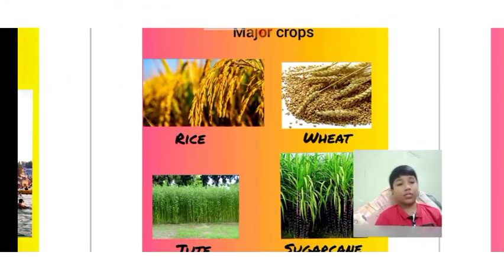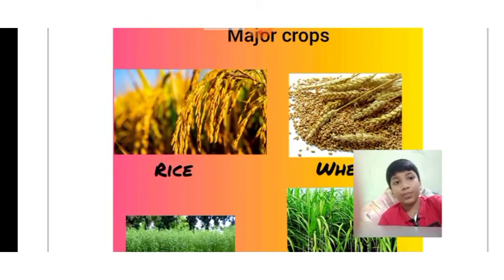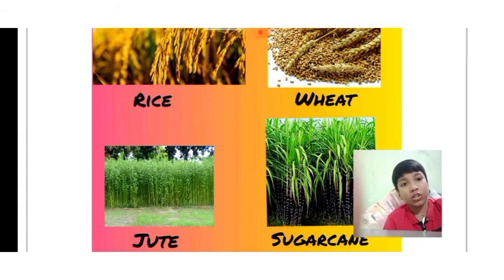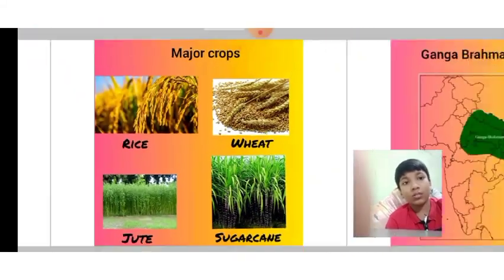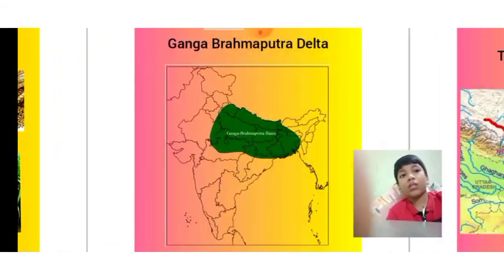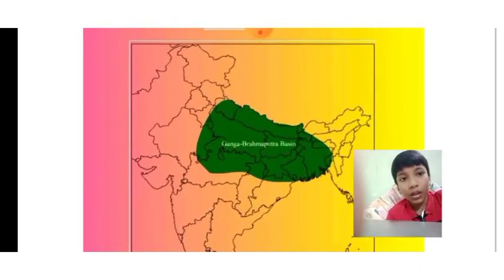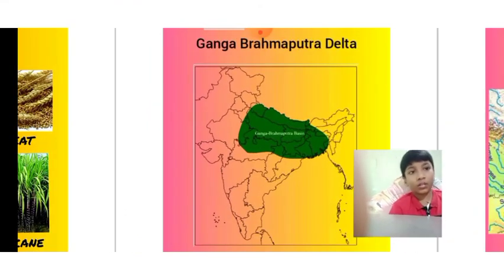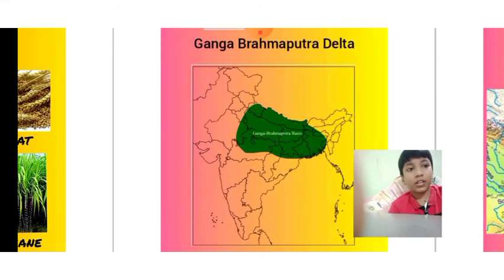Major crops grown in the Ganga Basin are rice, wheat, jute, sugarcane. Now we saw Ganga Brahmaputra Delta. It is the world's largest delta. We saw about it. This greenish area is Ganga Brahmaputra Delta.